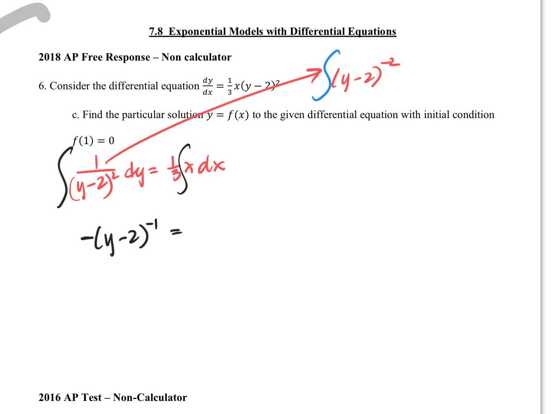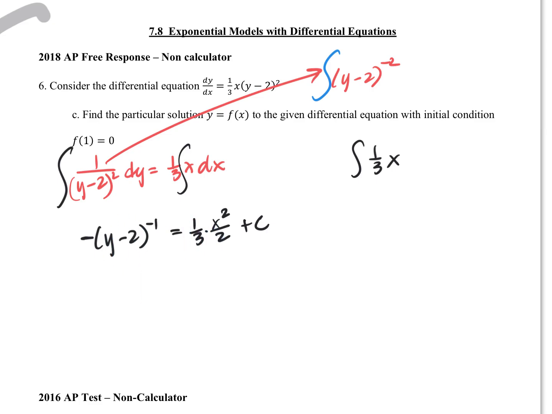Integral of 1/3 x would become 1/3 x to the blank over blank. Beautiful. Plus some constant. How many people are like, oh, I wrote my integral at a different spot, and I just took this as 1/3 x to the second over 6. That's fine too. That's what we would get when we multiply straight across.